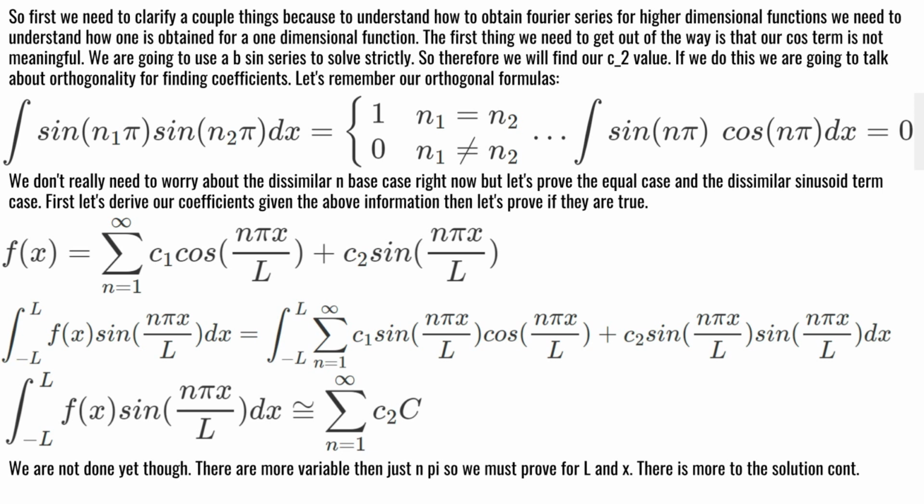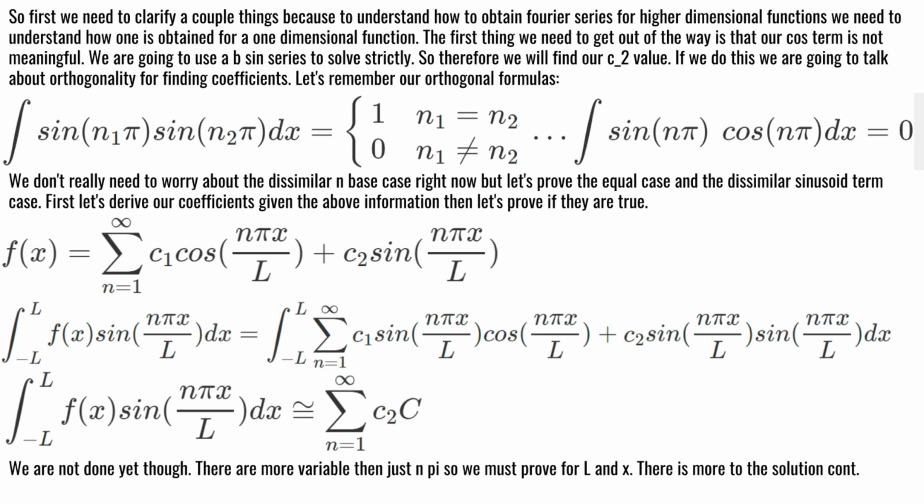And just to give you a visual idea of what I'm talking about before we even go about proving this, when we have the Fourier series, we know the function of x is equal to the series from n equals 1 to infinity of c sub 1 cosine n pi x over L plus c sub 2 sine n pi x over L, right?